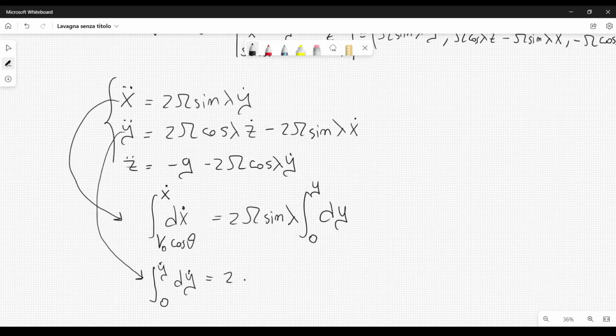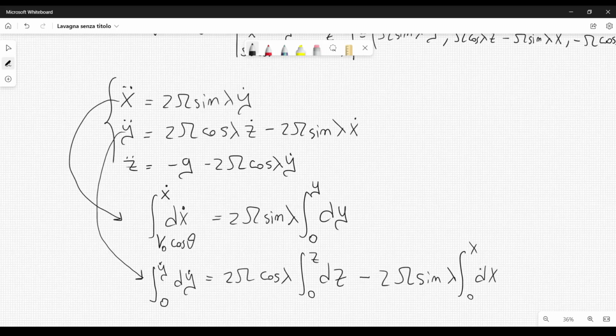And this is equal to 2 omega cosine lambda times the integral from 0 to z of dz, since the z component has a 0 initial value, minus 2 omega sine lambda times the integral from 0 to x of dx.